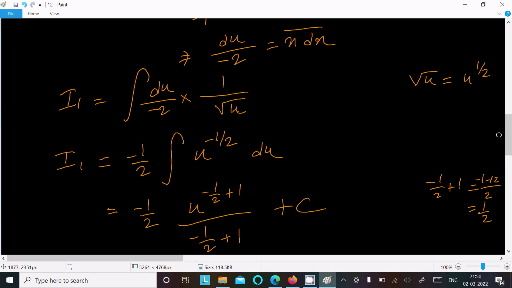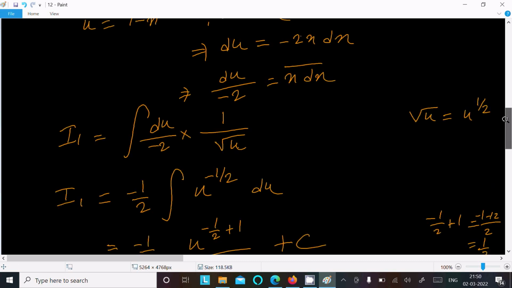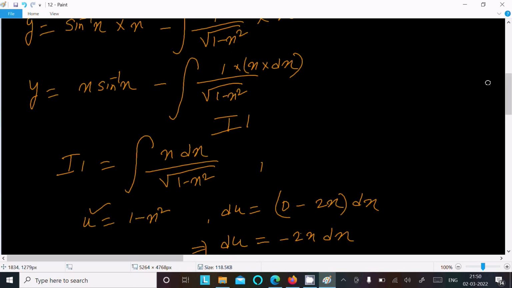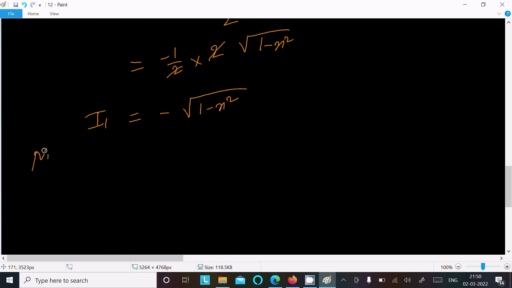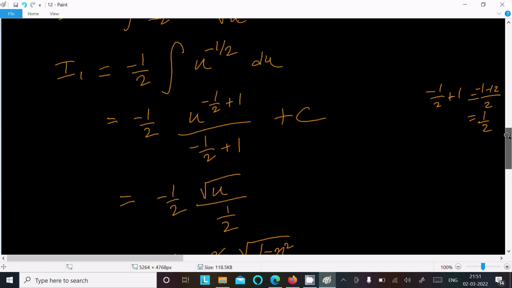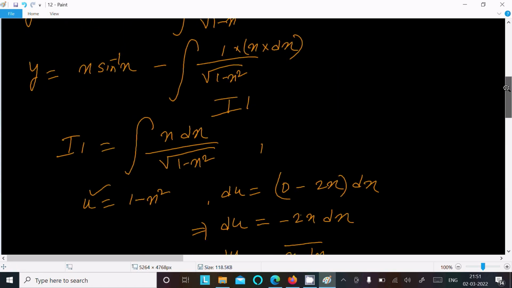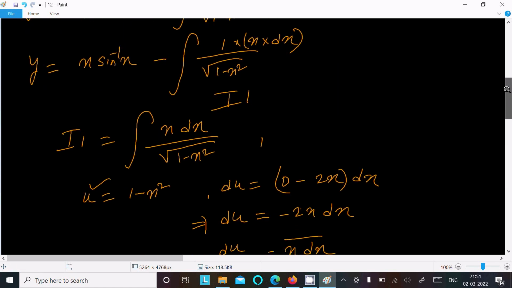Okay, now after doing this, here that I assumed y equal to x sine inverse x minus I1. This is here y equal to x sine inverse x minus 1 I1.